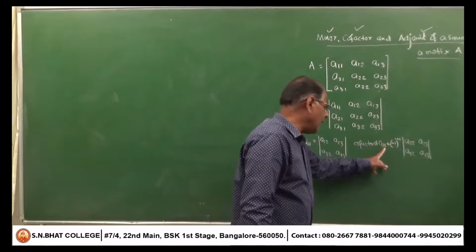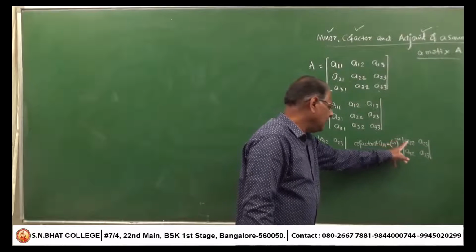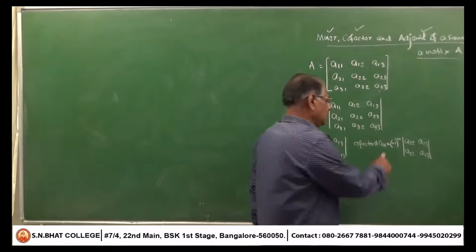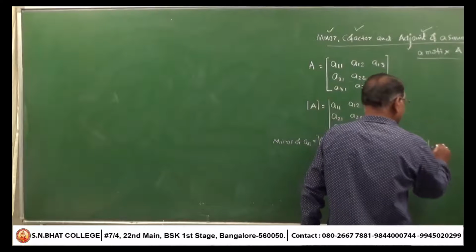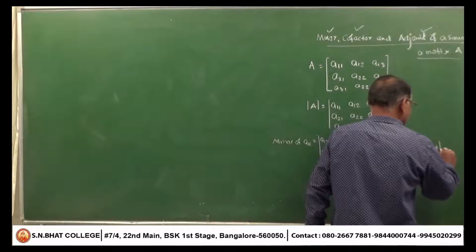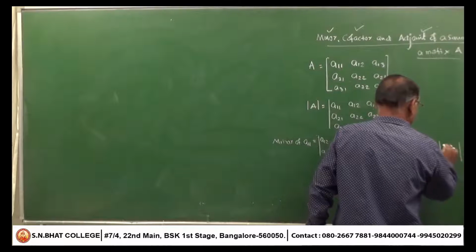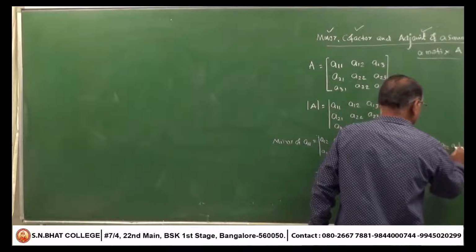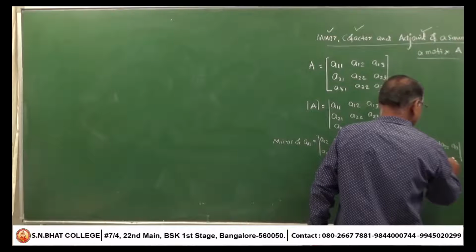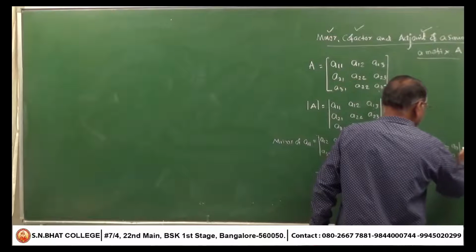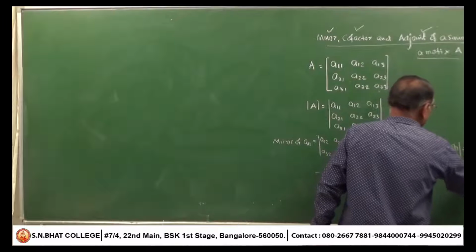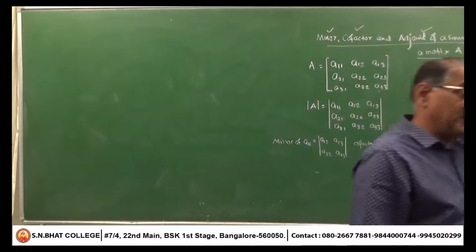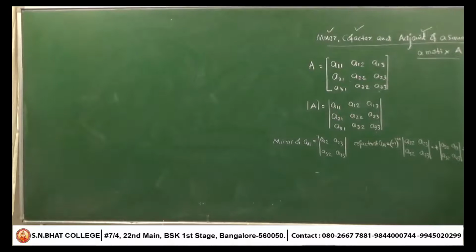Minus 1 whole power 2 is plus, so it is plus the determinant of a22, a23, a32, a33, and it is denoted by capital A11. Capital A11 is the cofactor of the small element a11.